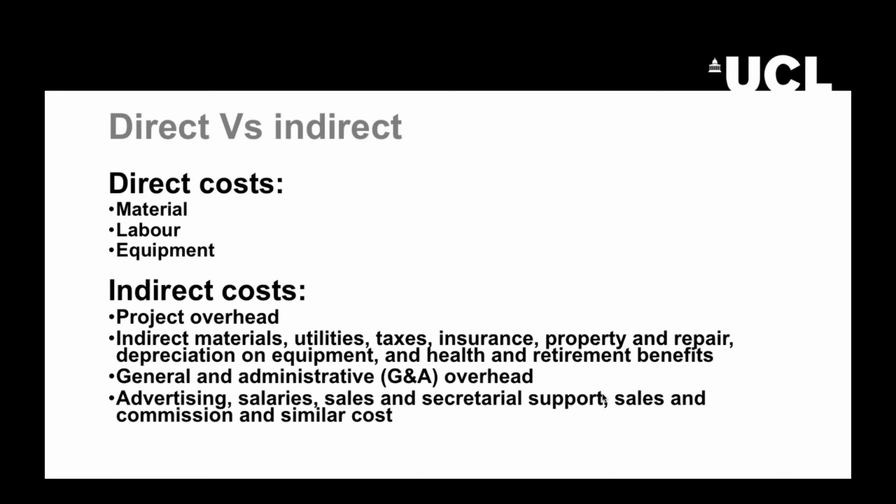These include all the indirect materials, utilities, taxes, insurance, property and repairs, the depreciation on equipment that we are using, all the benefits connected with human resources such as health insurance, retirement, and the general and administrative overhead, which include the advertising, the salaries for secretarial support, sales and commission, and all these similar costs.